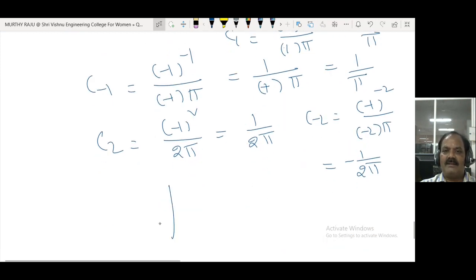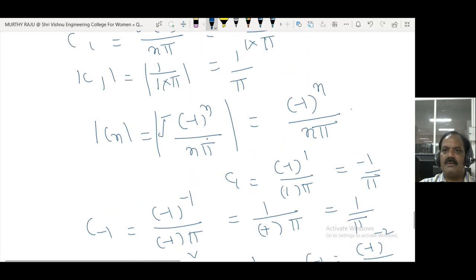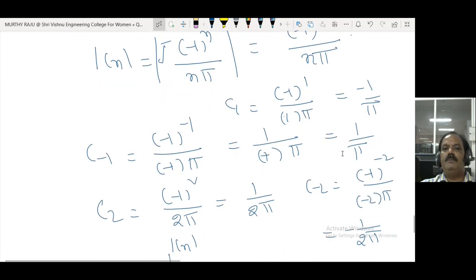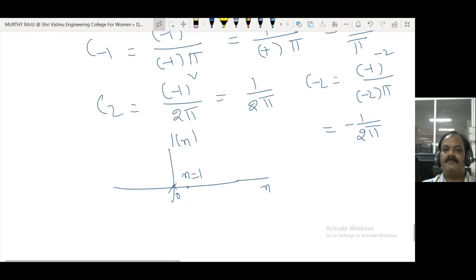For C naught, mod Cn for n is equal to 0, mod Cn is 0. For n is equal to 1, the value for C1 is minus 1 by pi.